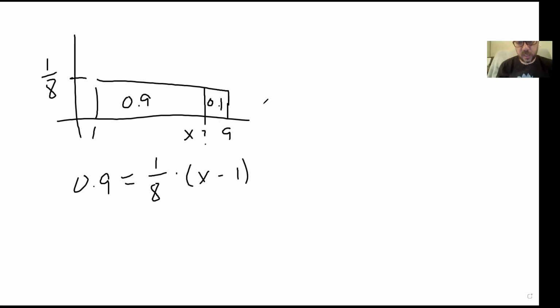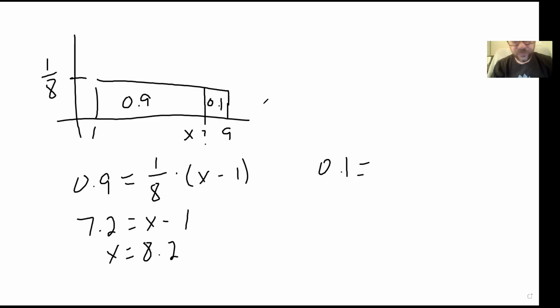So I have 0.9 equals 1/8 times x minus 1. Multiply both sides by 8, and this is 7.2 equals x minus 1. So x equals 8.2, right? Add 1 to both sides. If I'd done that differently, I could have said 0.1 equals 1/8 times 9 minus x. That works as well.